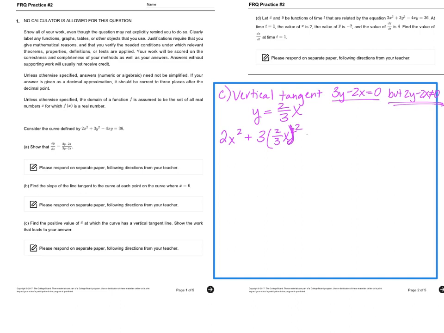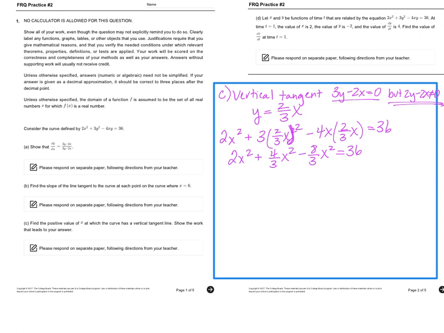You could do some simplifying as you go, if you'd like. Equals 36. And I've got to solve for x, right? So I'm just making sure I have the right thing here. So I have 2x squared. What is that? 4/3 x squared. And this would be 8/3 x squared is equal to 36.